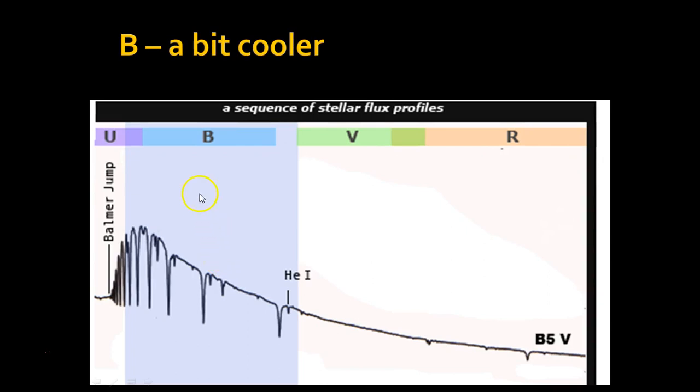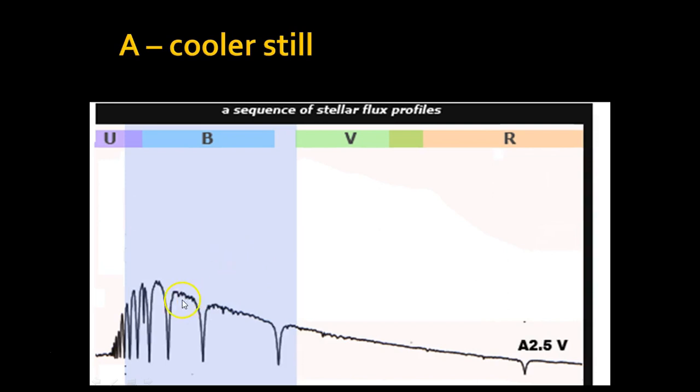Further down we get to the B group, again with absorption in the hydrogen spectrum. We're getting more absorption in helium as well. But then when we get to A, we've got even more absorptions in the Balmer series.